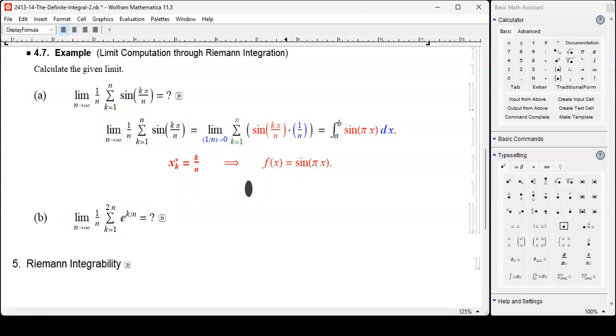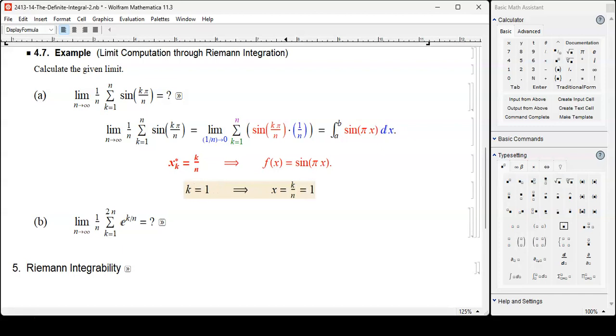So when k is 1, then x is k over n, which is 1 over n, and that's going to 0. Do you see that? Let's highlight this in green. And that's going to be the starting point right here.